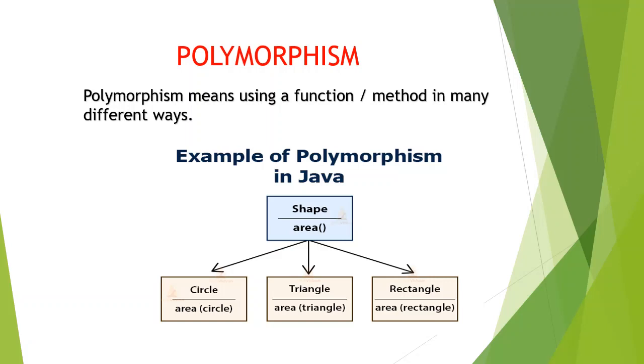Functionality will be different for all these methods. The function name will be the same, but their parameter lists will be different. This concept is called polymorphism. We are using the same function in different ways. This is called polymorphism.